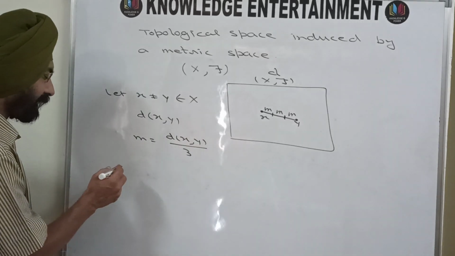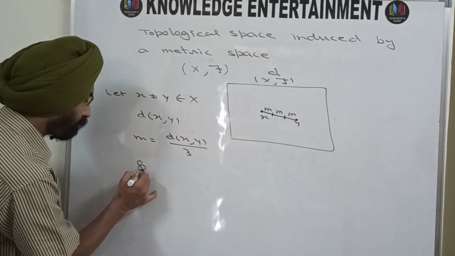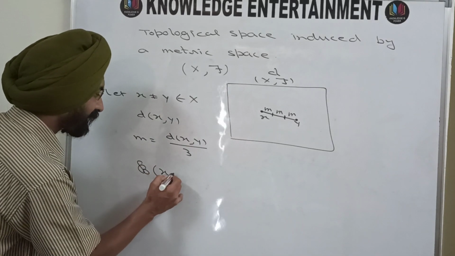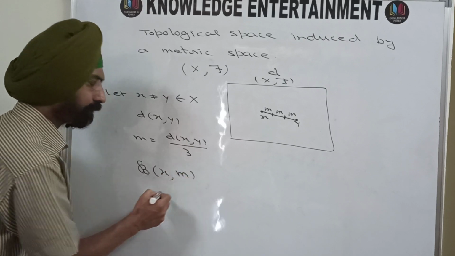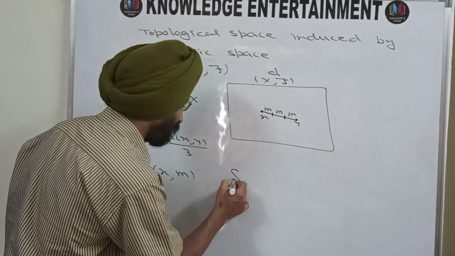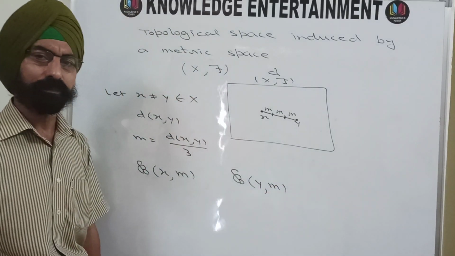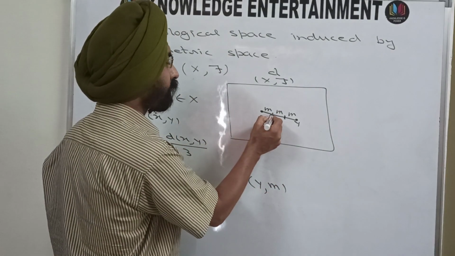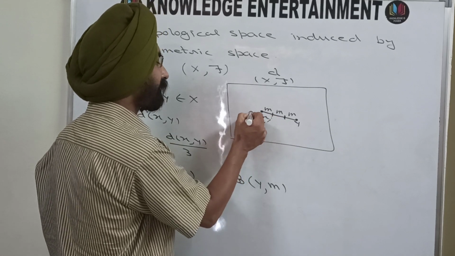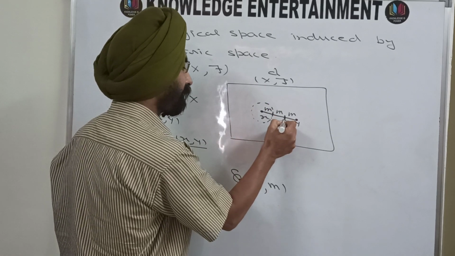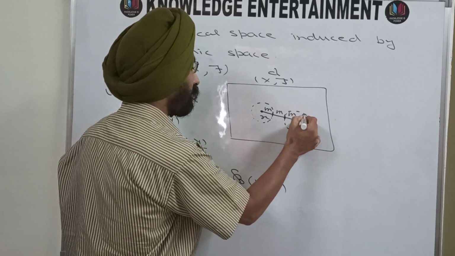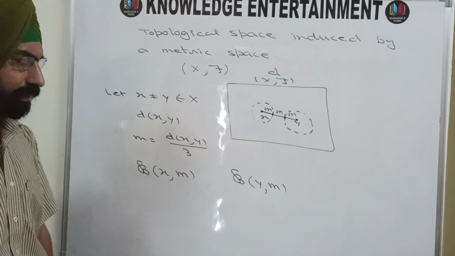Now consider the open ball B centered at x and of radius m. Similarly, consider the open ball B centered at y of radius m. So what are we talking about? One open ball is here, another open ball is here.